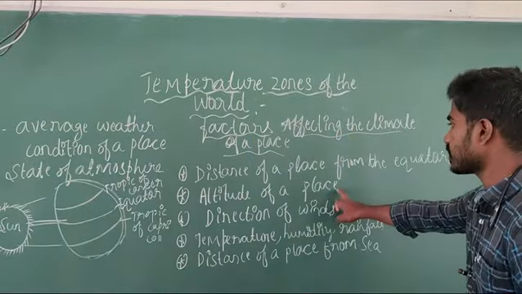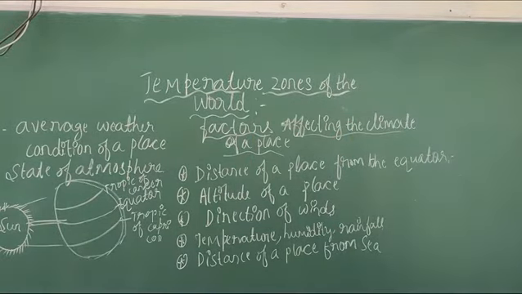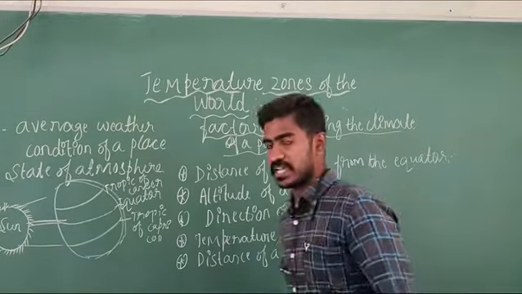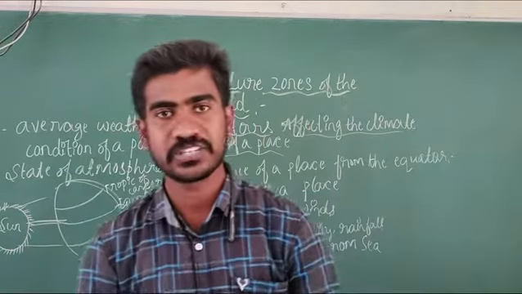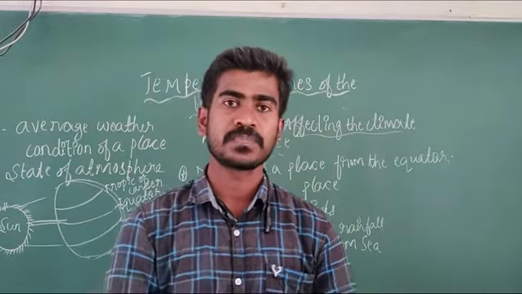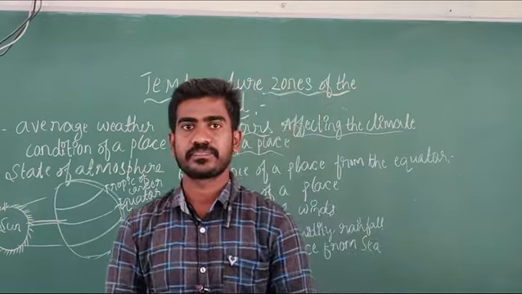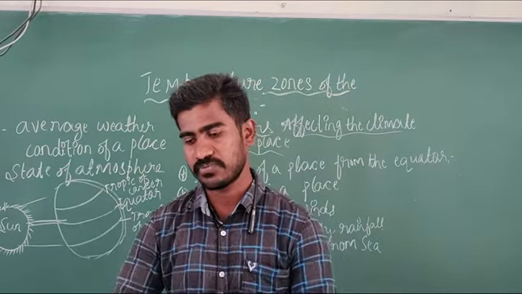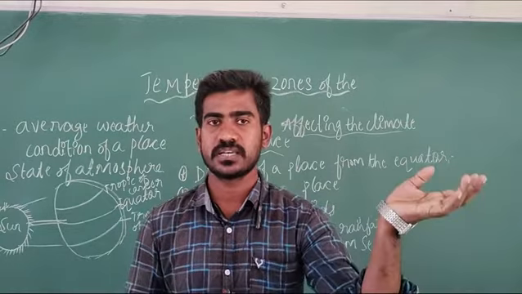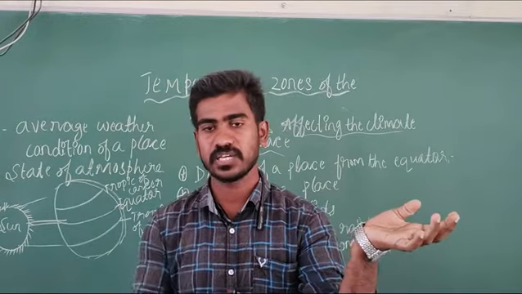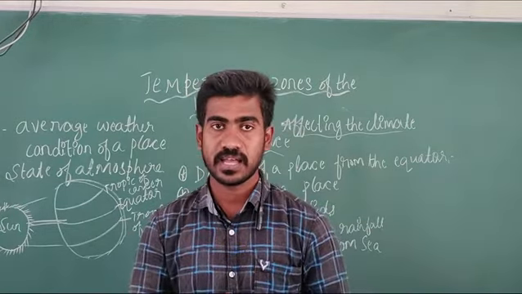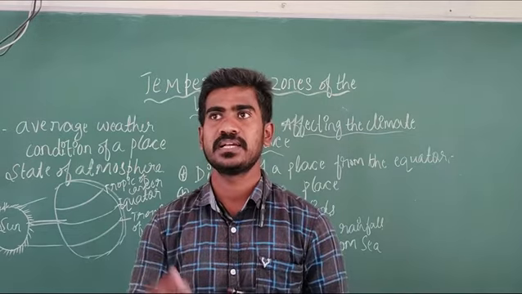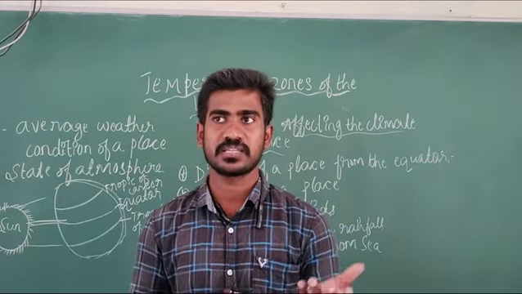And the second reason is the altitude of a place. What is the second reason? Altitude. So what is altitude? Altitude means the height of a place. How do we consider the height of a place? Any place which is above sea level is a high place, for example the mountain ranges or mountain states.